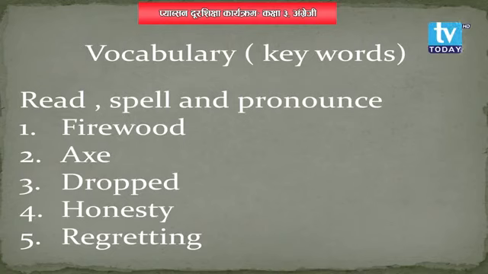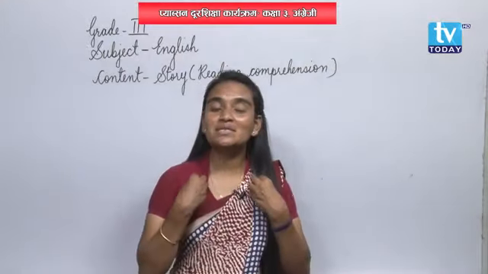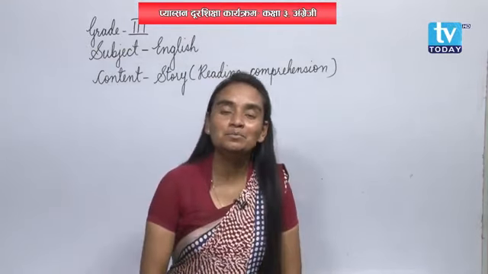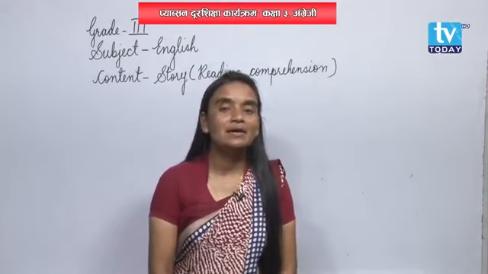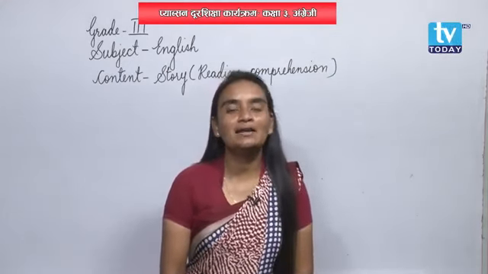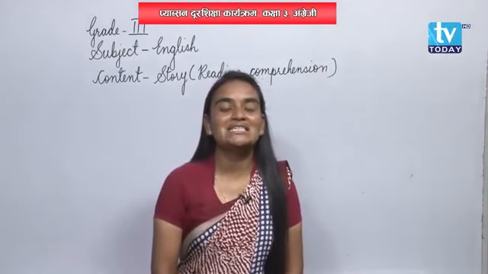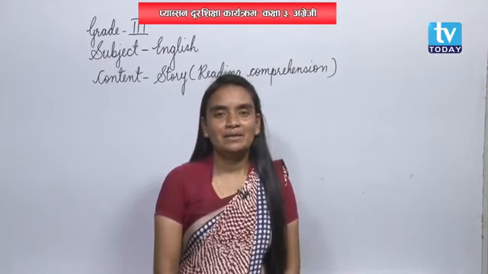At that time, the word regret or regretting can be used. I am still regretting my mistake that I scolded you today. So, I am still regretting my mistake. That is what regret means, and how we use it in a sentence.